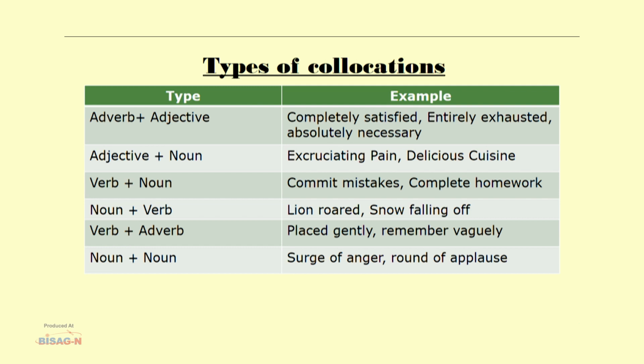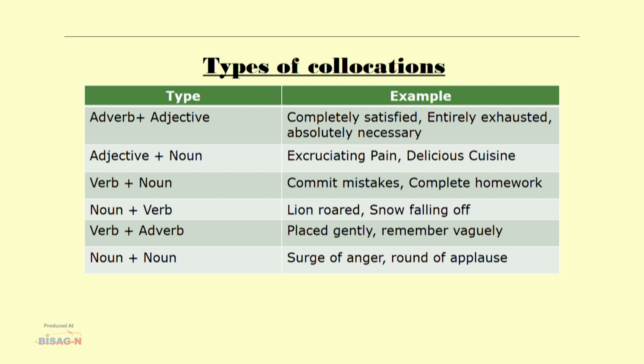If you look at noun plus verb collocation, it says lion roared or the snow is falling off. So first there will be a noun and then there will be a verb. Lion is a noun and roared is a verb.